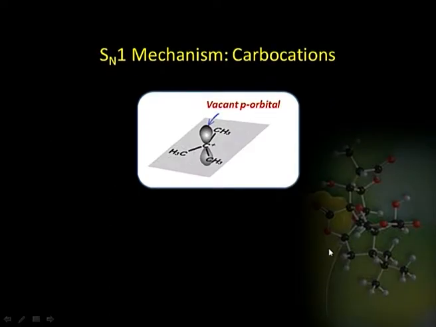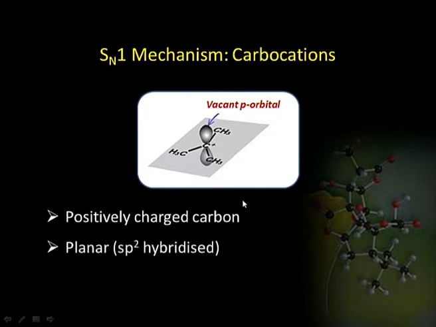The carbocations which are formed during an SN1 reaction are obviously positively charged in nature. These are planar and are sp2 hybridized. So, we shall see what is the significance of this positively charged planar carbon atom. These carbocations are very reactive intermediates.